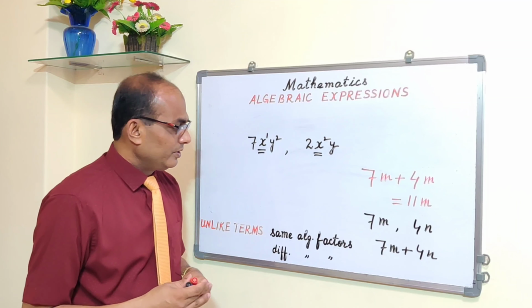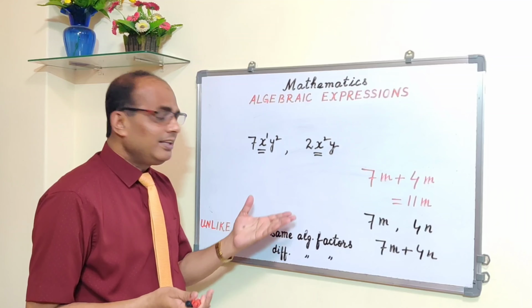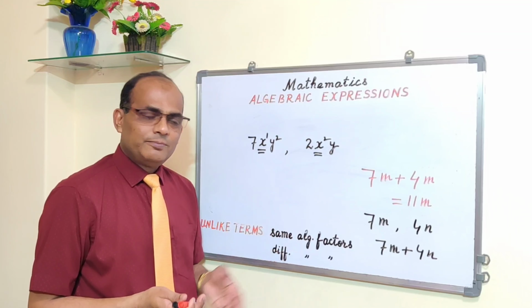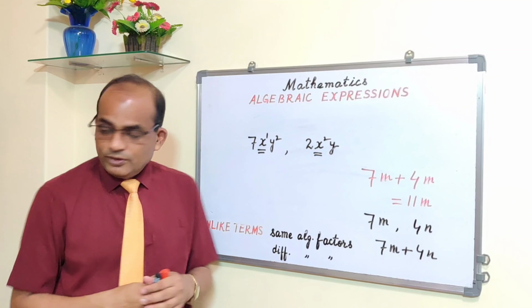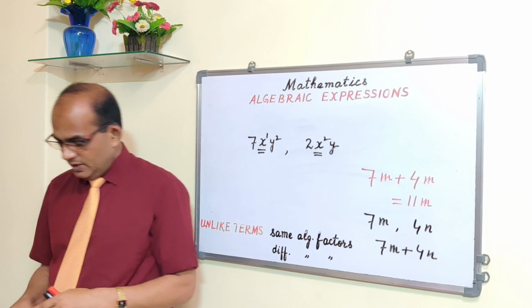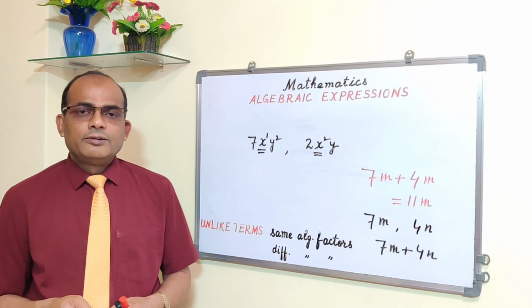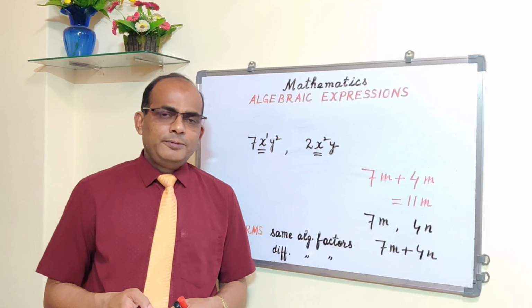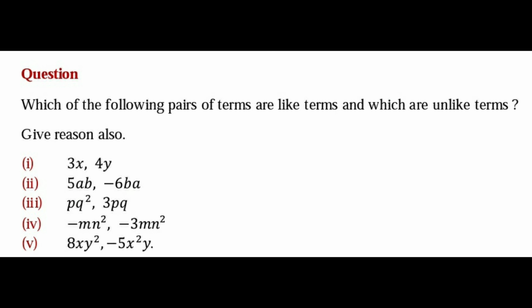These are the basic and important things. Now one question I am giving you. The question is, which of the following pairs of terms are like terms and which are unlike terms? Give reason also.